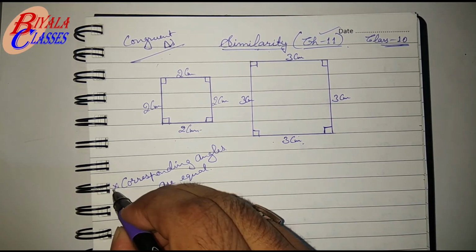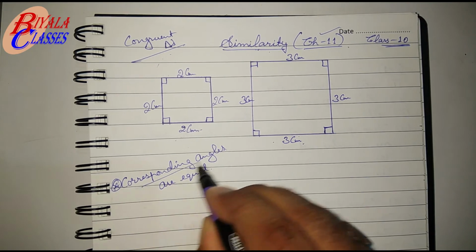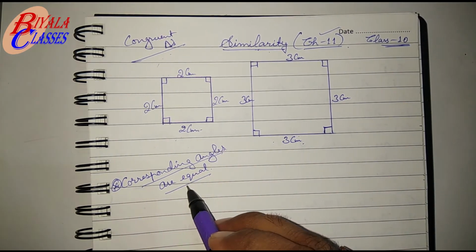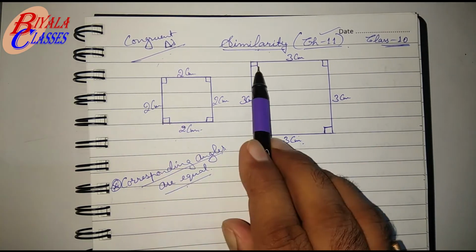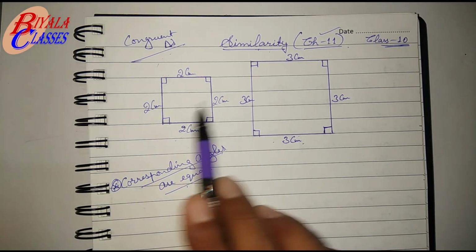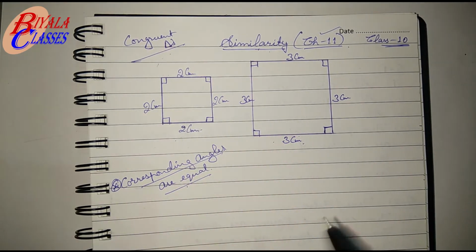So the first condition for similarity is that the corresponding angles of the figures should be equal. As you can see here, each angle of these two squares is 90 degrees, so these have equal angles.